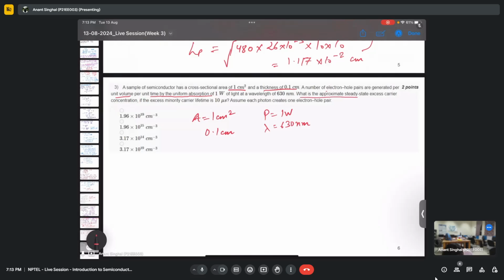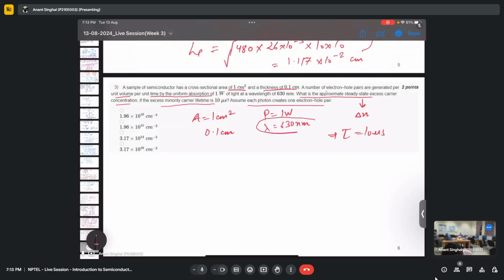What is the approximate steady state excess carrier concentration, denoted by delta n if you have read the theoretical lectures, if the excess minority carrier lifetime is again given as 10 microseconds? Assume each photon creates one electron-hole pair. This is again a very easy question.